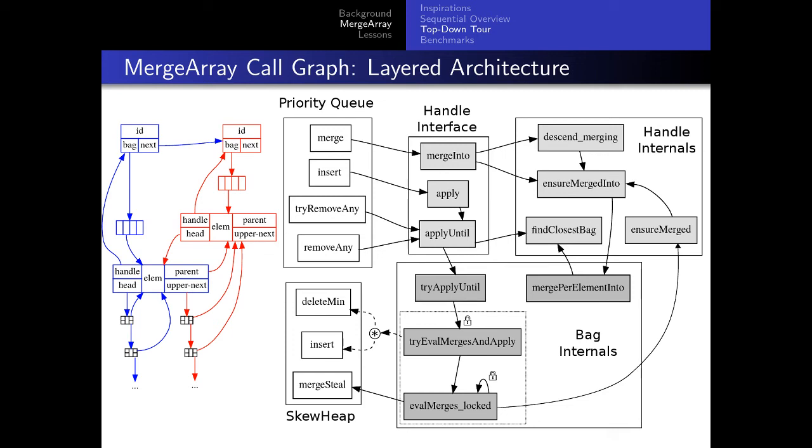So you can see that the try, eval merges, and apply, basically, you have the lock. If you get the lock, then it goes through the merge list in eval merges locked. It goes through the merge list for each one. It recursively locks that, and then calls eval merges locked on that.